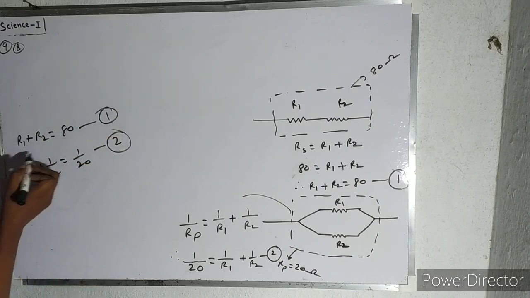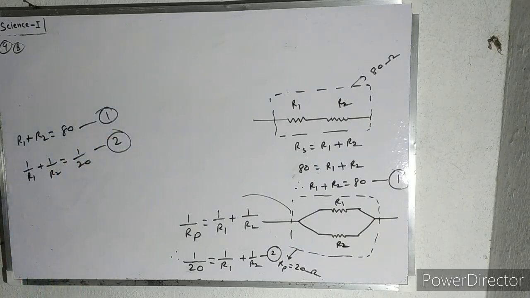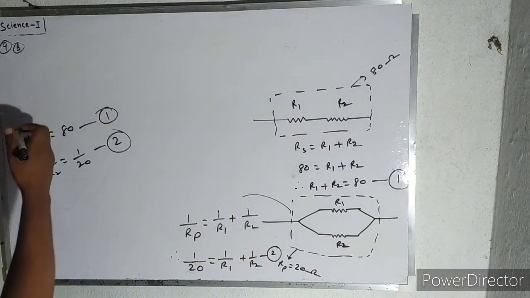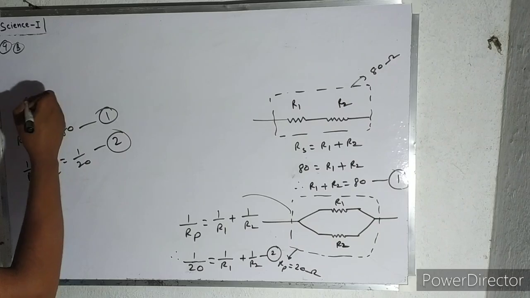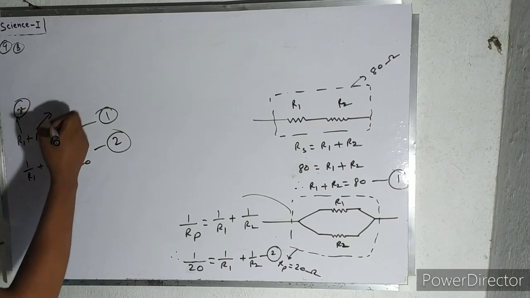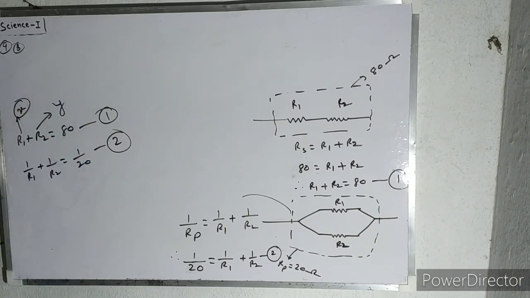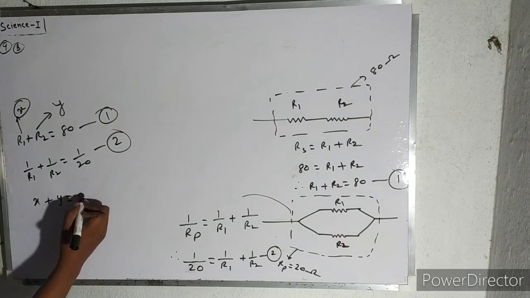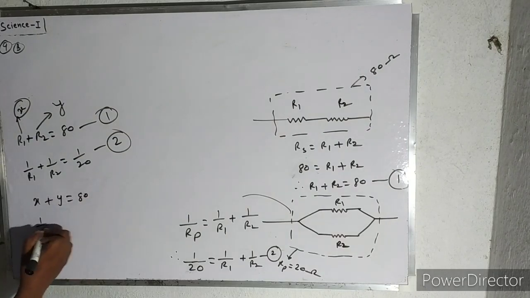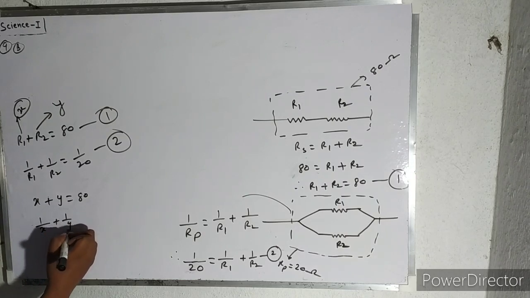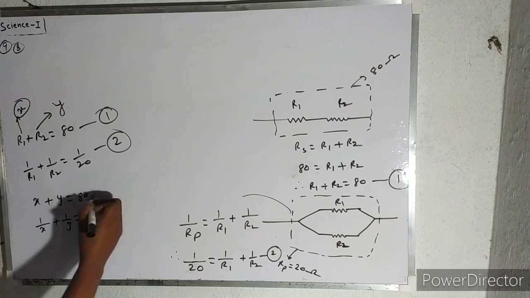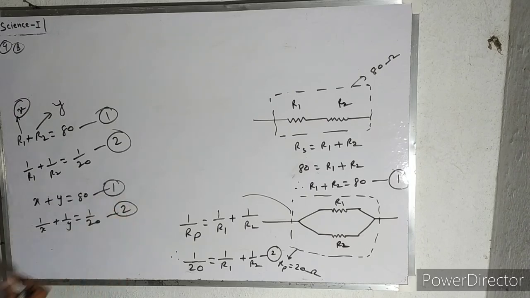If you are facing difficulty with R1 and R2, then in place of R1 you can take X, and in place of R2 you can put Y. It means X plus Y is equal to 80 and 1 upon X plus 1 upon Y is equal to 1 upon 20. Find X and Y.